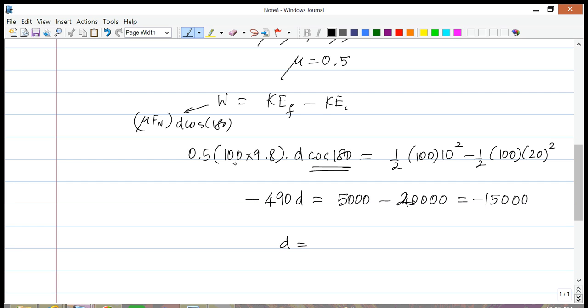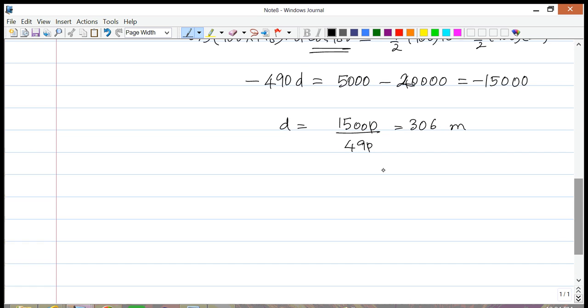So d is equal to 15,000 divided by 490, and this happens to be about 30.6 meters. Okay, so that's that.